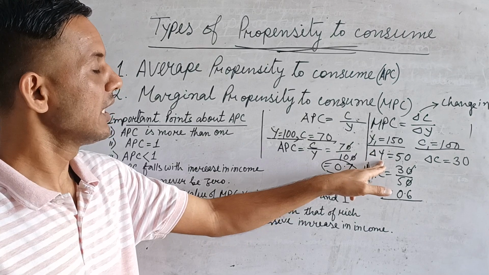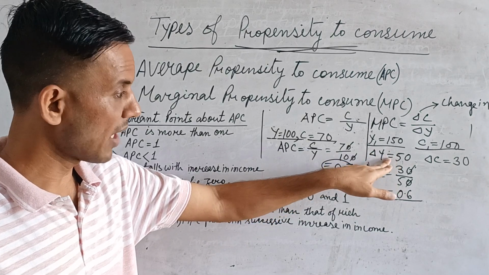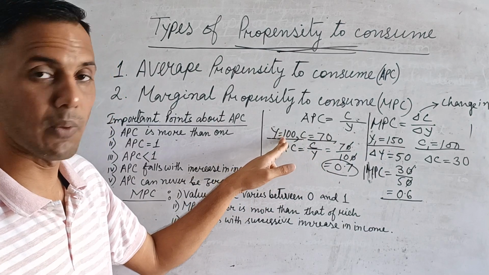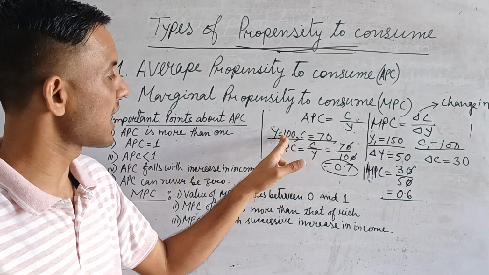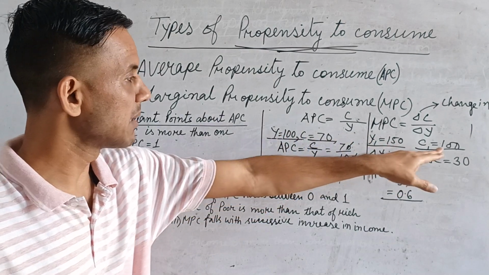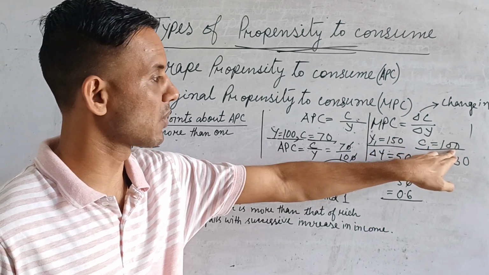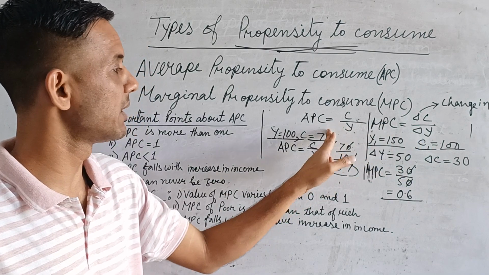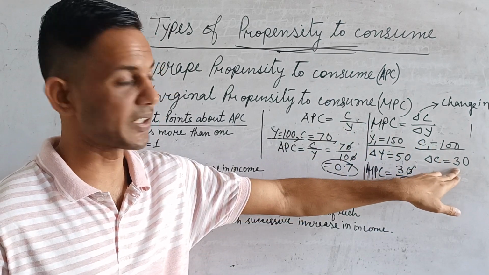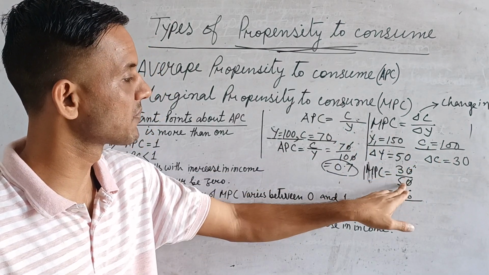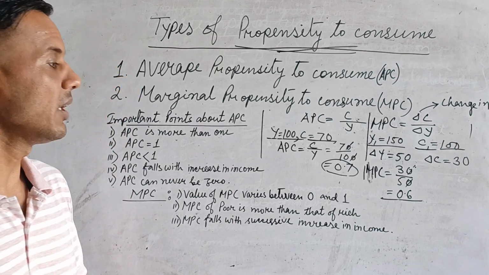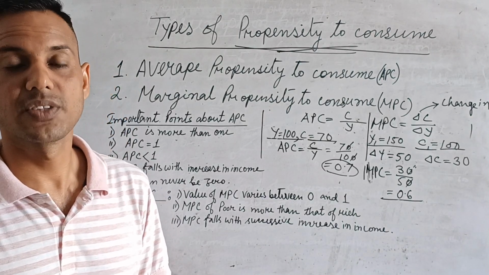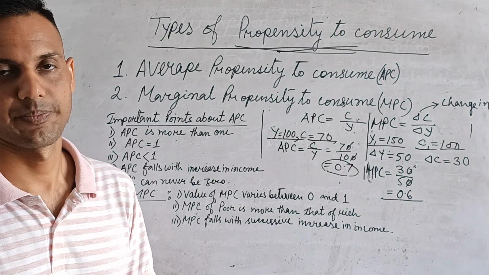So change in income is 50, because your new income is 150 and originally it was 100, so 150 minus 100 is 50. Similarly, new consumption is 100 and originally it was 70, so 100 minus 70 is change in consumption, 30. Put the value here: 30 by 50 is equal to 0.6. So your marginal propensity to consume is 0.6.